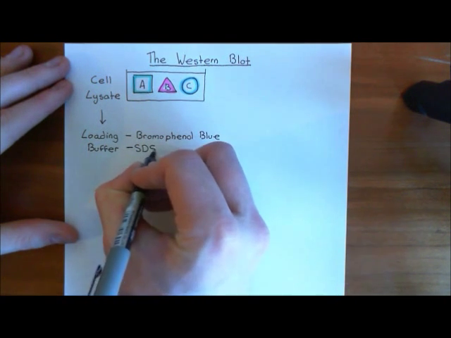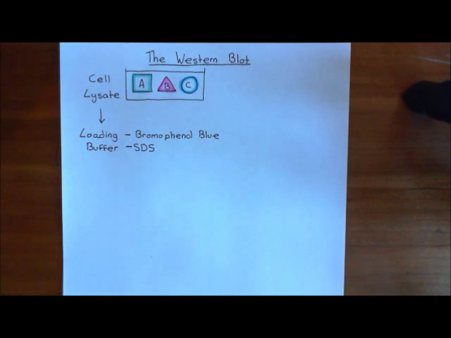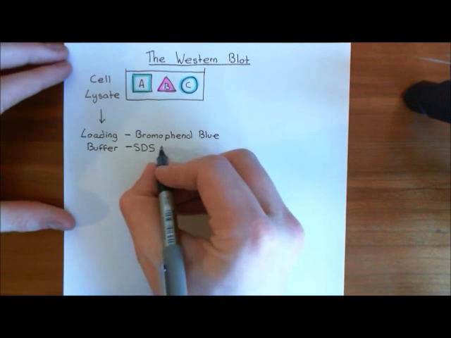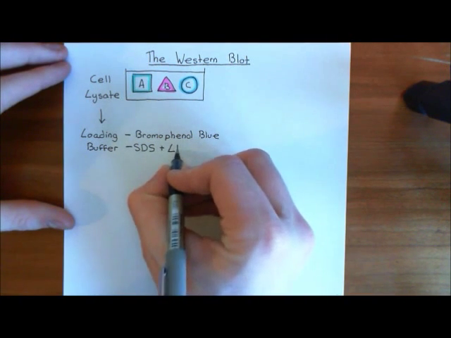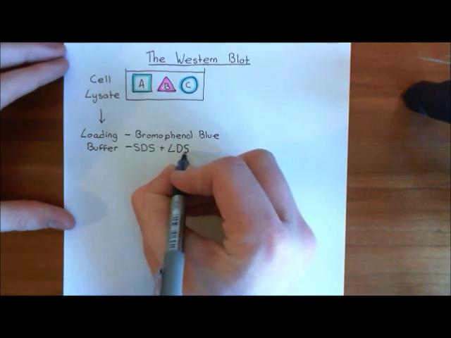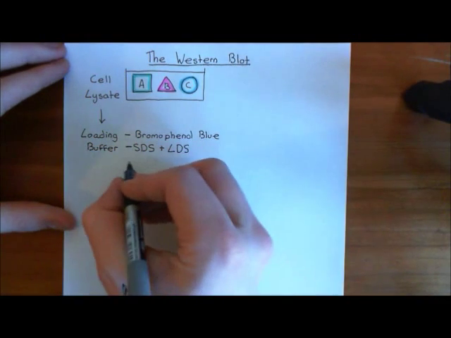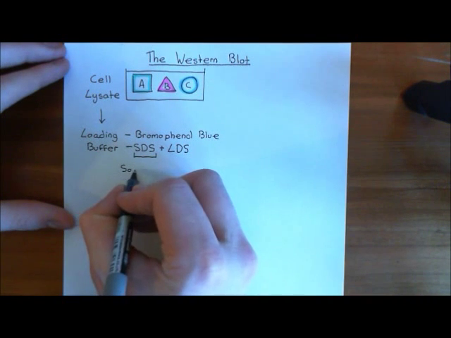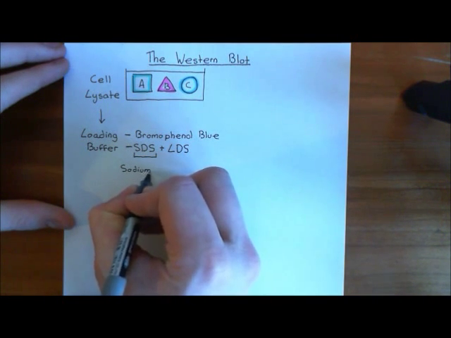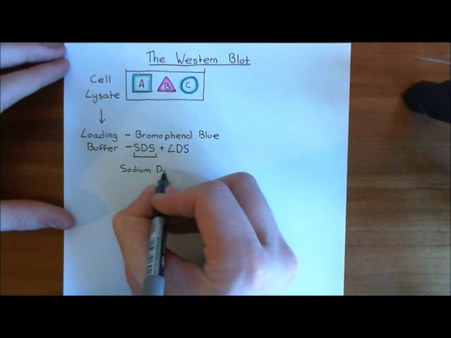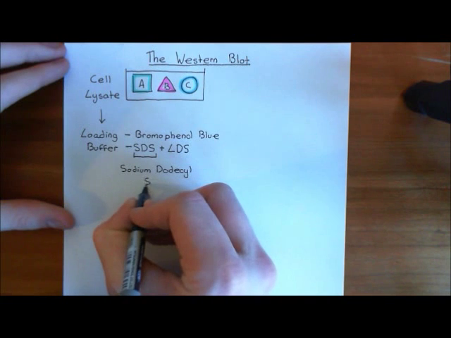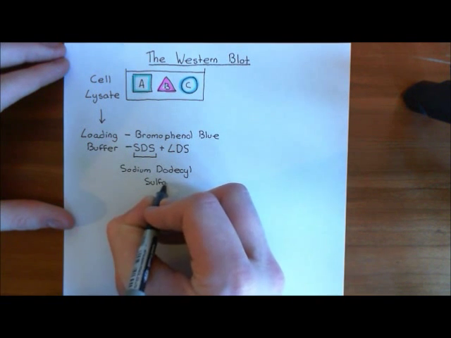Okay, so SDS is the original one, and it's the one after which the entire technique is named, but a more modern one, the one that's generally used now, is LDS. So let me tell you what these two things stand for. SDS stands for sodium dodecyl sulfate. The first S is for sodium, the D is for dodecyl, and the second S is for sulfate.